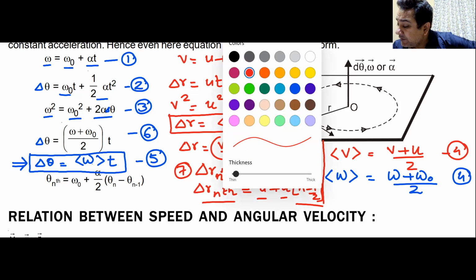Now can we replicate the same formula here? What would be the formula for angular displacement in the nth second? So the first formula would be like this. Angular displacement in the nth second would be angular displacement in n seconds minus angular displacement in n minus 1 seconds.